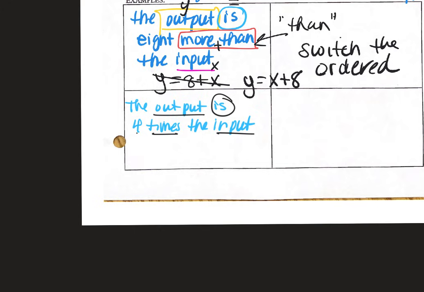So let's write what those symbols mean. Y is output, is going to be equal, times means your multiplication dot, and input is going to be X. And of course we have the number 4 this time as well. So let's write that equation. Y equals 4X. And that one would stay just like it's written in words because there was no than.